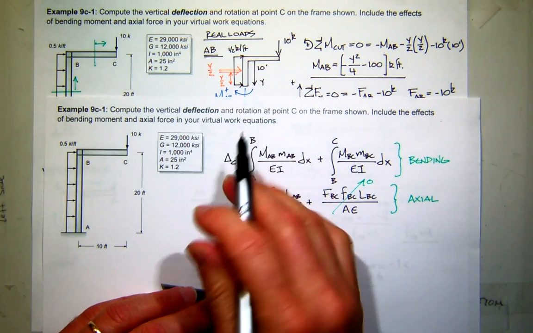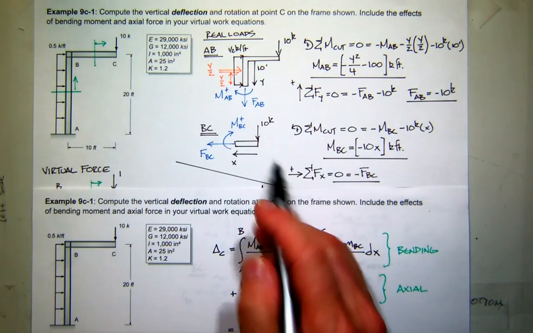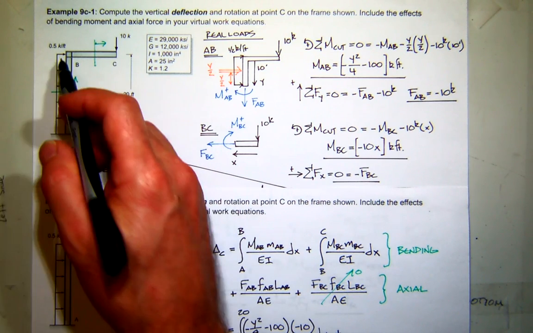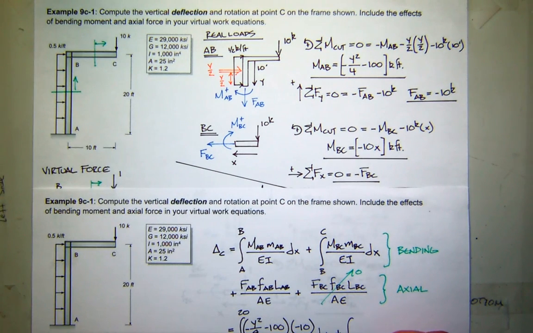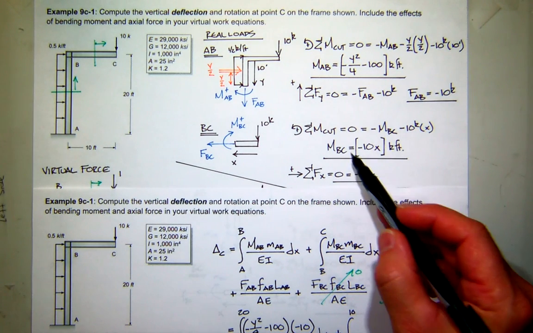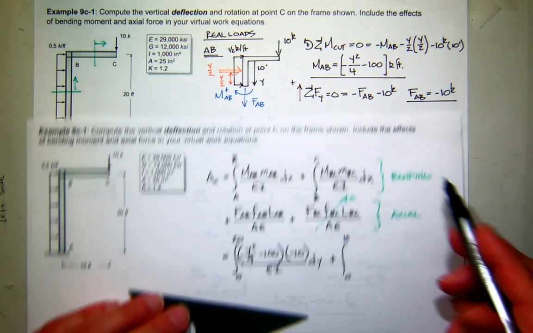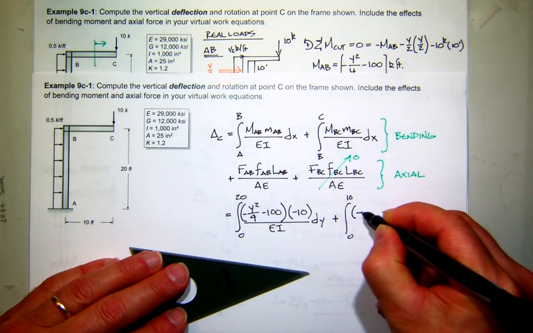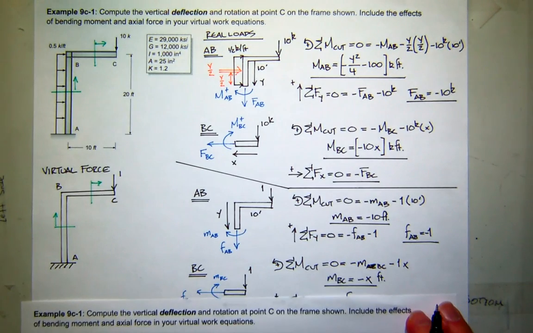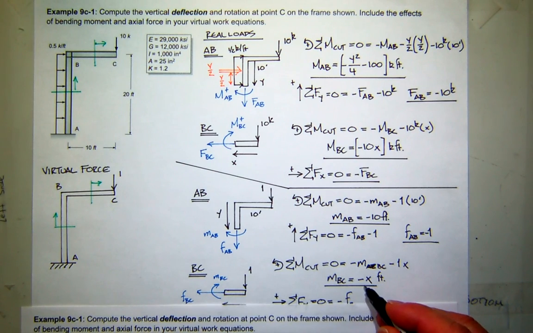The second one, BC, starts at the right side and goes this way. That's going to go from 0 to 10. So this is an integral from 0 to 10 of the real moment, which is negative 10x, and then the virtual moment is negative x.